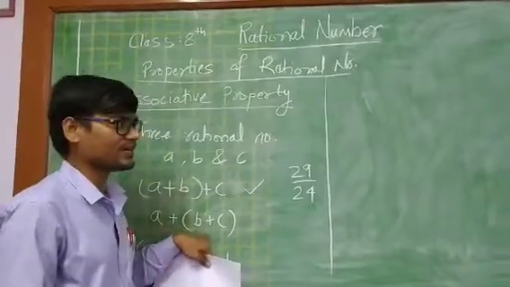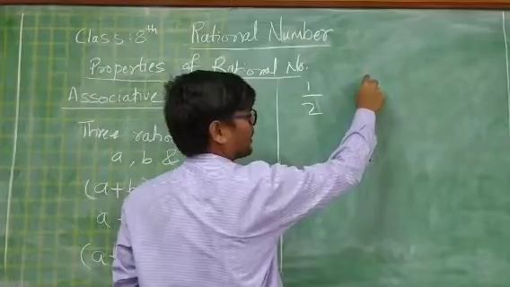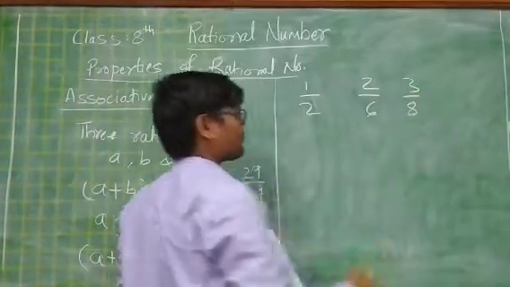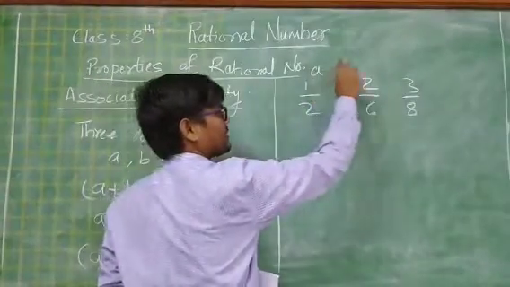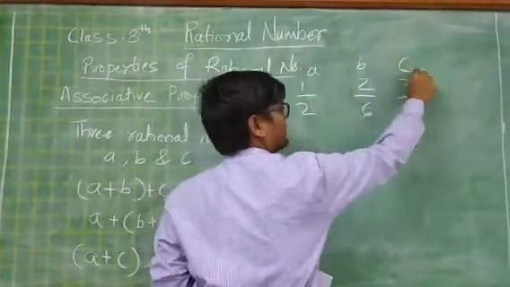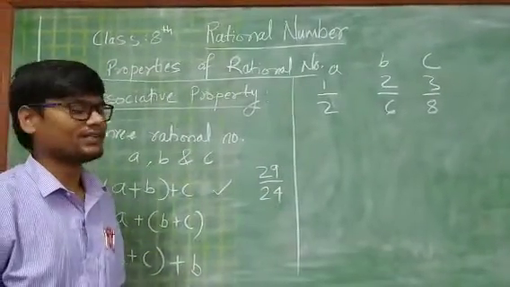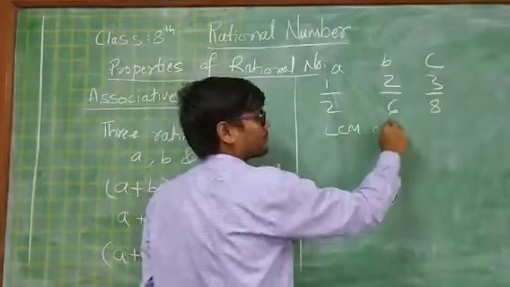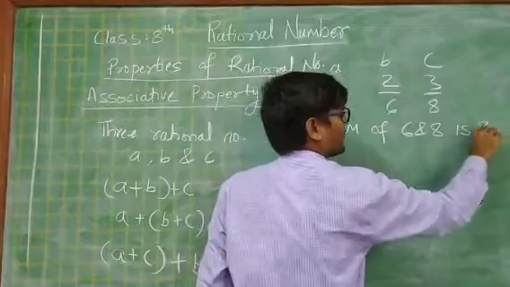So here first we have to add b and c. Our a, b and c are 1 by 2, 2 by 6 and 3 by 8. So 2 by 6 plus 3 by 8. Yesterday we found that LCM of 6 and 8 is 24.